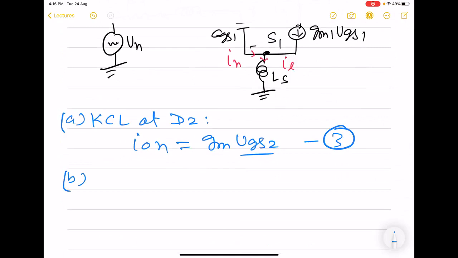Now we will set up the equation at source 2 for VGS2. For finding VGS2, we will set up KCL at source 2.